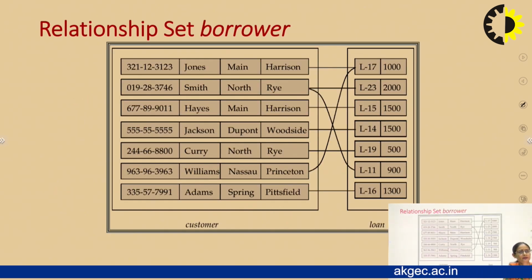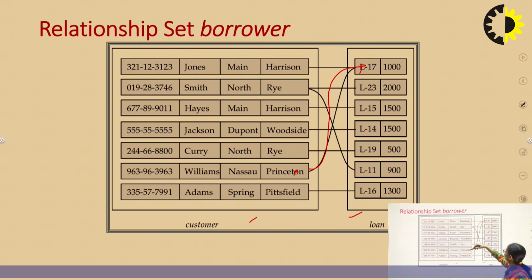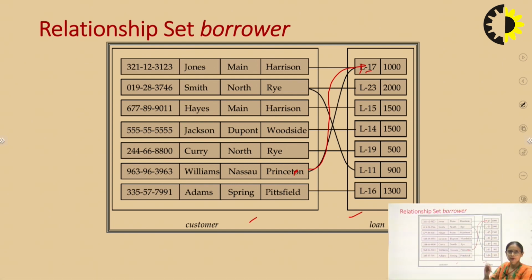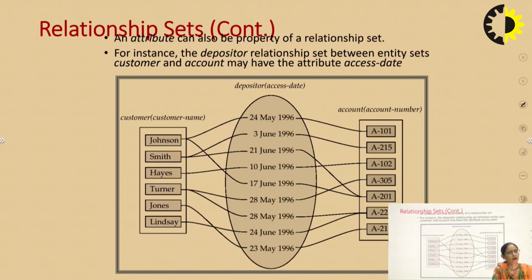This is another example of a relationship set, borrower. For example, we have a customer and loan. This is how the relationship has been shown from this value to this particular field. An attribute can also be a property of a relationship set.